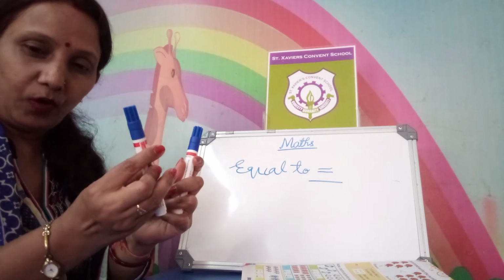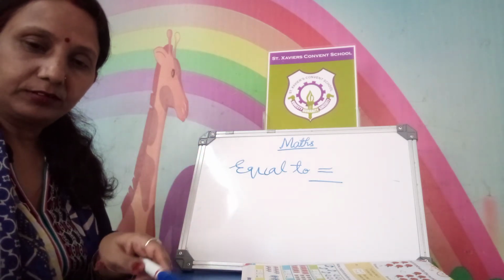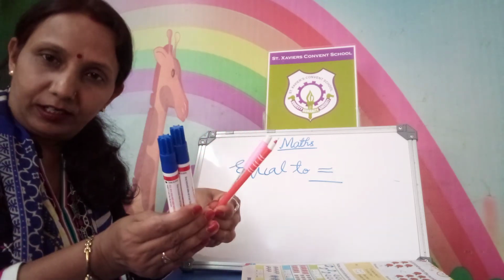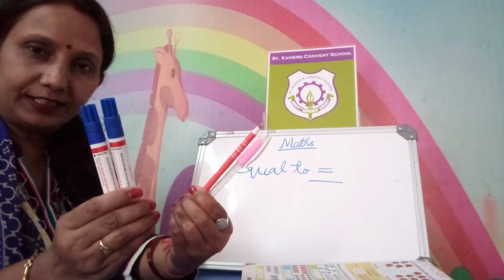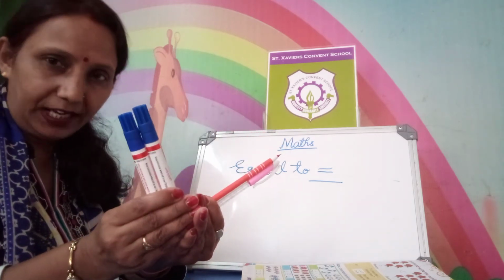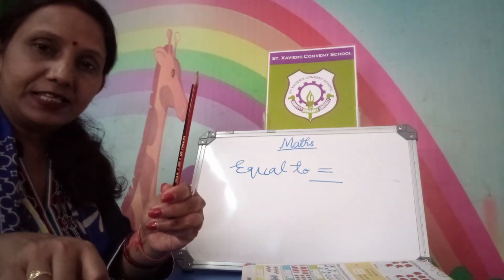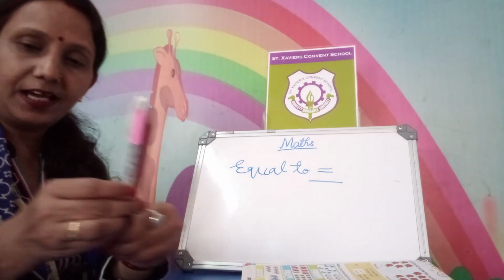It's what? Equal. Two pens, two markers, equal. Two digits equal, two here and two here. That one is equal. One pencil, one pen, counting equal. So that one is the equal one.